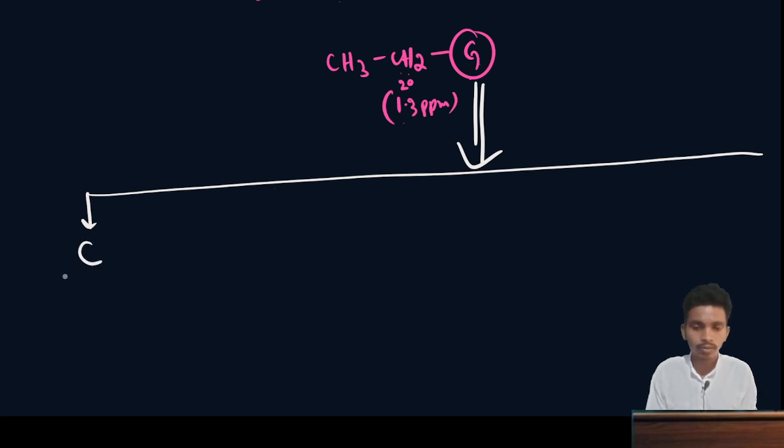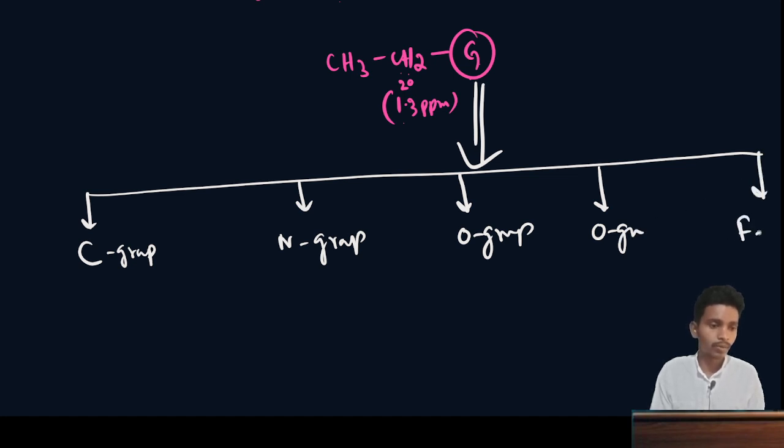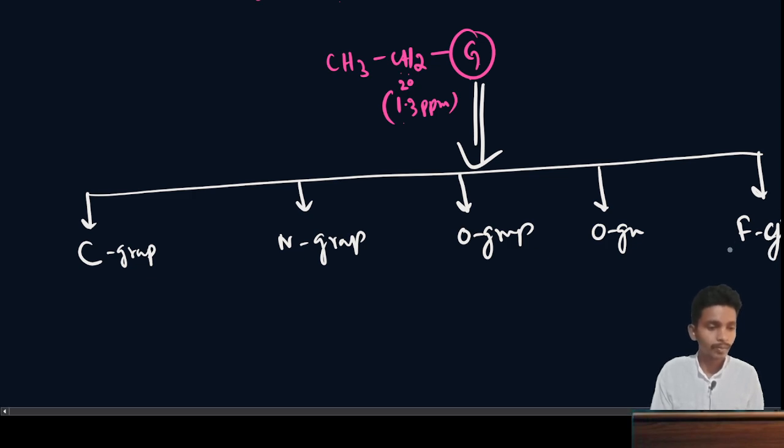this is carbon groups, and we have nitrogen groups. I'm ordering according to electronegativity: first carbon, nitrogen, then we will have oxygen groups, then another oxygen groups, then we have fluorine groups, not halogen groups, I am writing fluorine groups.